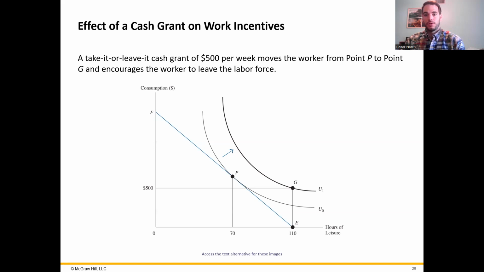I do a lot of work with labor market regulations and helping state legislatures craft better, more effective, and less costly regulations. Part of my job is considering negative consequences of policy, so like this case right here, and comparing it to the benefits that they receive. So the work discouraging nature of this policy, in this example here, is undeniable.